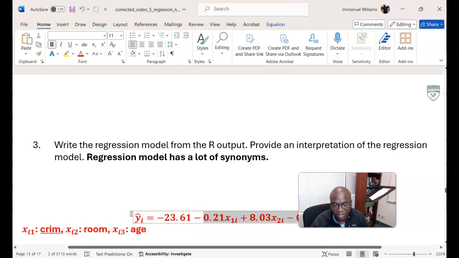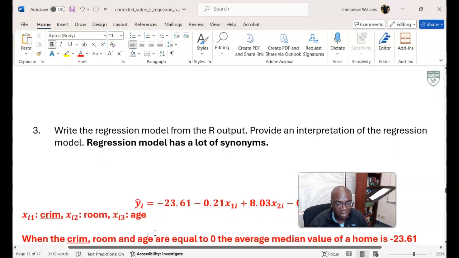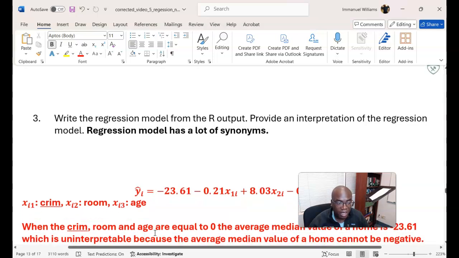So let's go ahead and begin. The first one, like I said, regarding the y-intercept, is when room, crime, and age are all equal to 0. The average median value of a home is negative 23.61. But remember, that's not possible, which is uninterpretable because the average home cannot be negative. Okay. Now to interpret the regression coefficient, remember that's what we called it, the regression coefficient for crime.